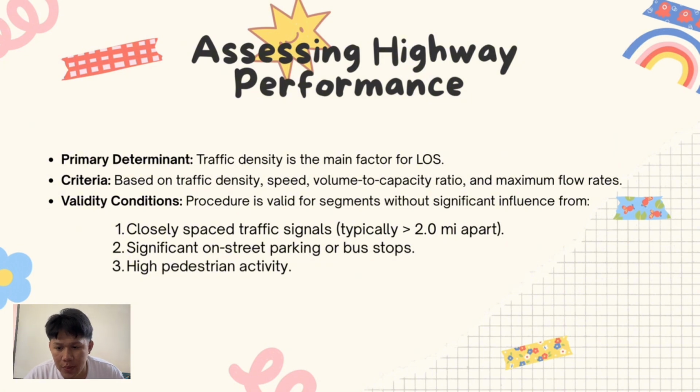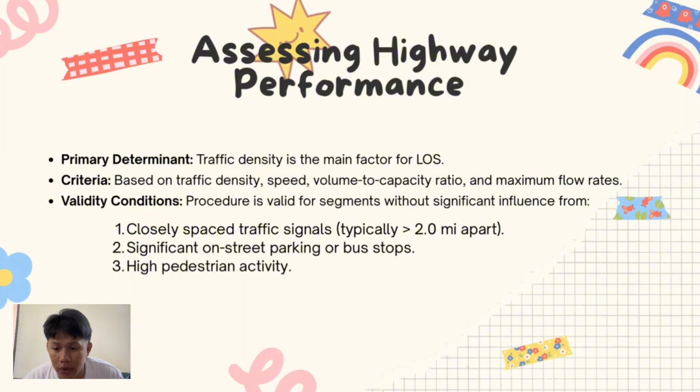Assessing highway performance means evaluating how well a highway serves its purpose of safely and efficiently moving vehicles. Engineers and planners study different factors to measure its performance. One major factor is traffic flow, which looks at how smoothly vehicles move and whether congestion occurs. Another is speed, which checks if drivers can travel at a safe and consistent speed without frequent stops.